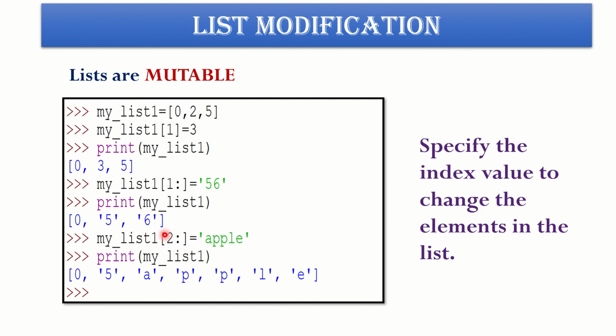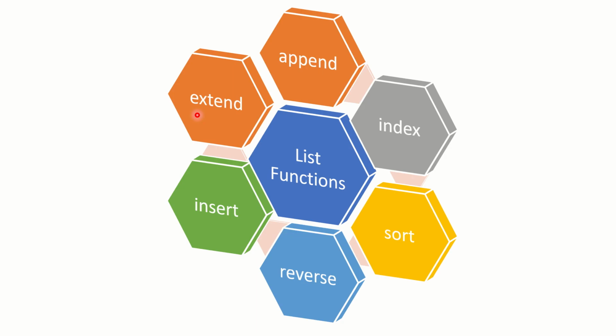I am saying here that at index position 2 till the end of the list, add the value apple. So each letter will become a specific element of the list. So if you see here, my list has also grown. It has become longer. So you can specify the index value of the elements to change those specific values or elements in the list.